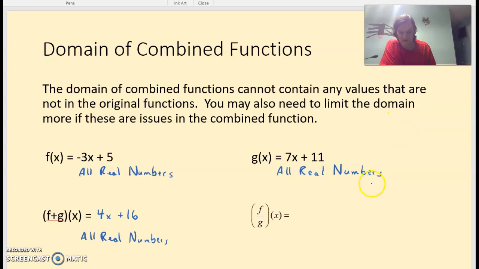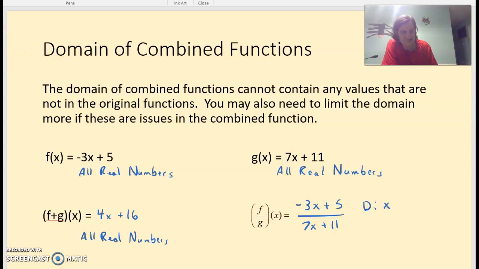Now, where you're probably going to run into some real problems is the division, because now you're creating a situation where you could divide by 0 even if you weren't to begin with. So the function was negative 3x plus 5 over 7x plus 11 when we say f divided by g. So everything works in f, everything works in g, but when I put g in the denominator, then I have an issue.